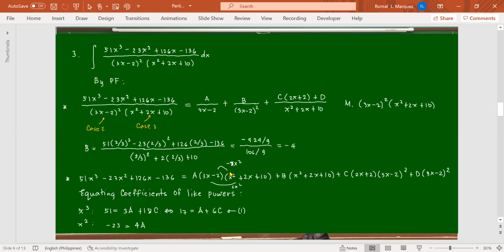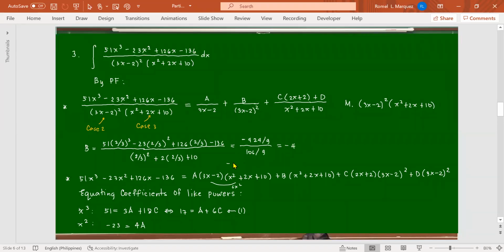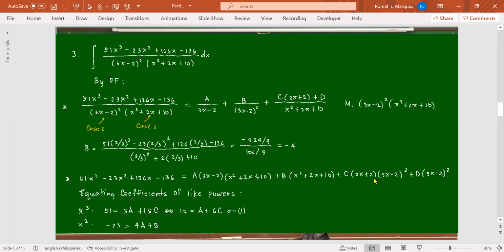This is positive 6, negative 2, so 4A, okay? So obviously B, the coefficient for the quadratic. And then here, what do we have?